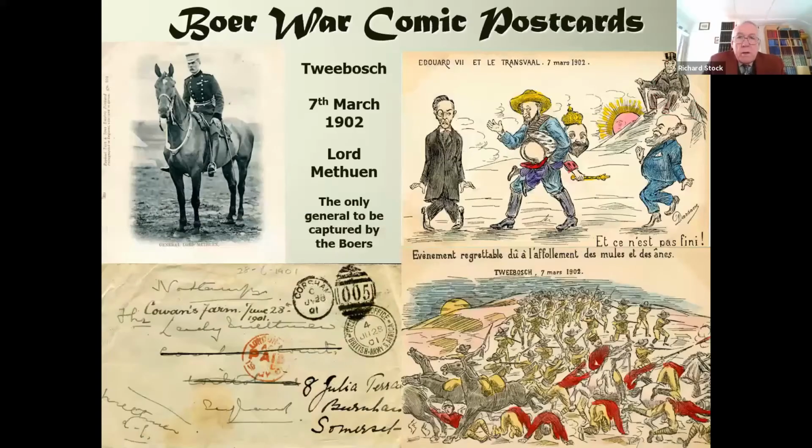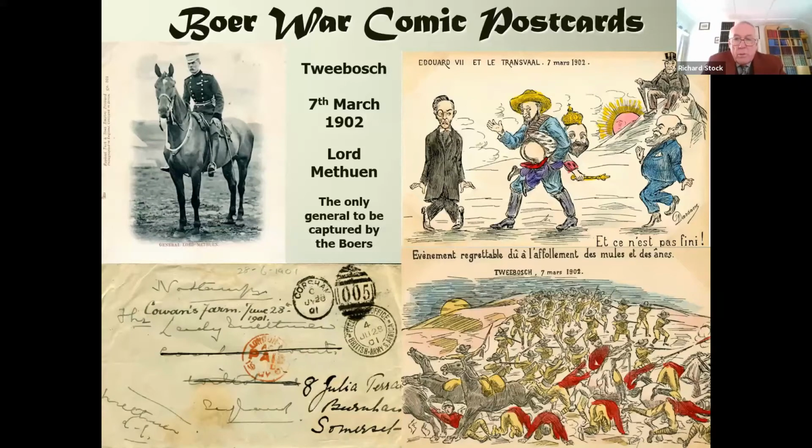This one I particularly like, which also is an amusing put together of a debacle that took place. Lord Methuen was in charge, and at Tweebosch on the 7th of March 1902, there was a disaster for the British troops, and we weren't popular on the continent during the Anglo-Boer War, and there were lots of comic postcards produced in France and other countries.